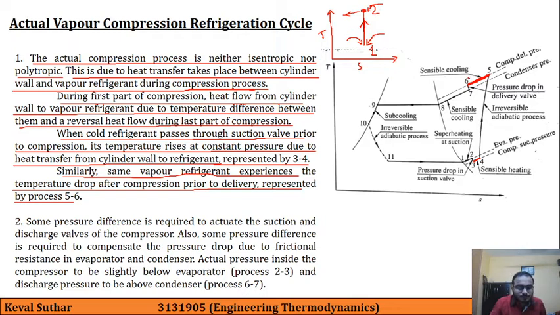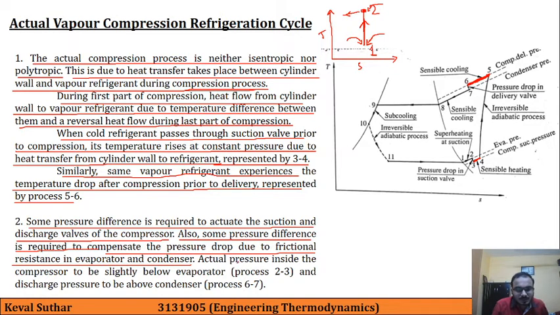Now the next is that some pressure difference is required to actuate the suction and discharge valves of the compressor. So this is a necessary part. Also, some pressure difference is required to compensate for the pressure drop due to the frictional resistance in the evaporator and condenser.